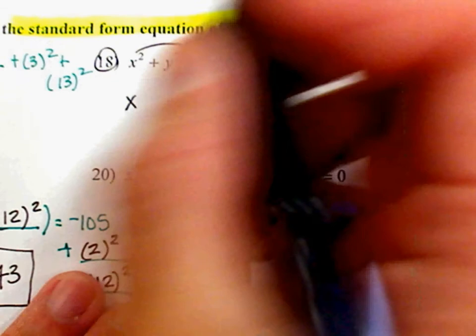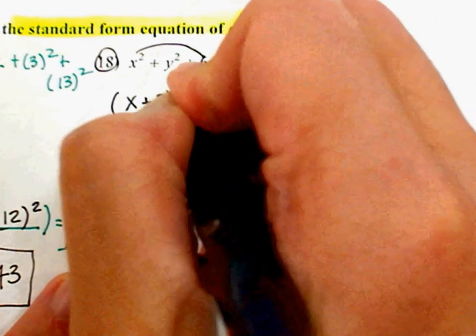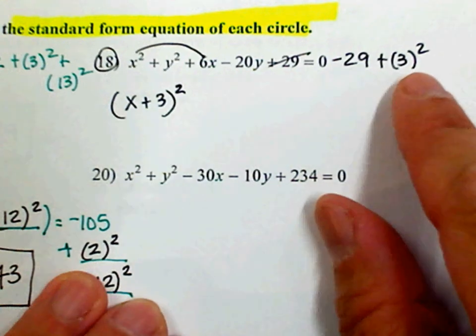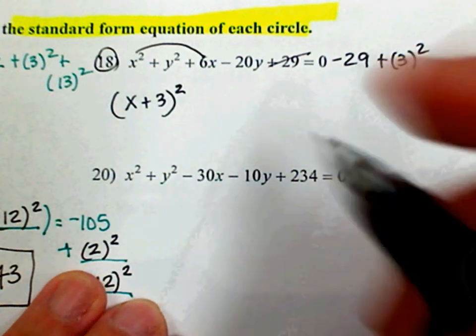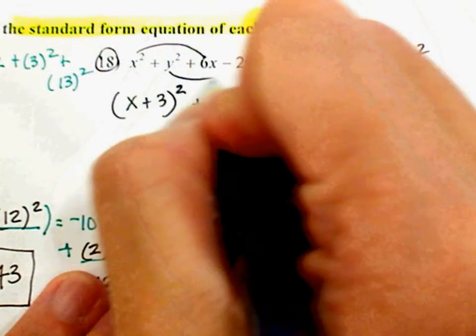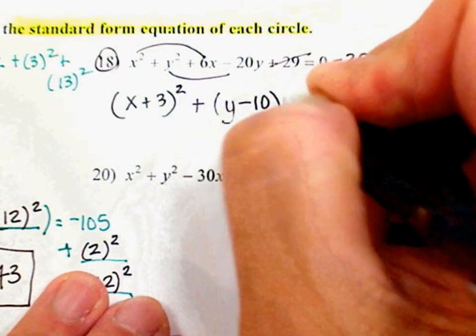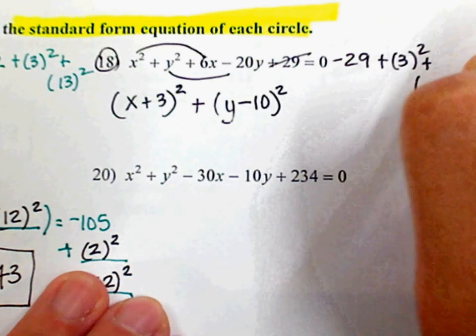What you do to one side, you do to the other side. Plus, put your y's together. What is half of negative 20? Negative 10 squared. So plus negative 10 squared. Okay, and I came down because I wanted you guys to see the numbers.